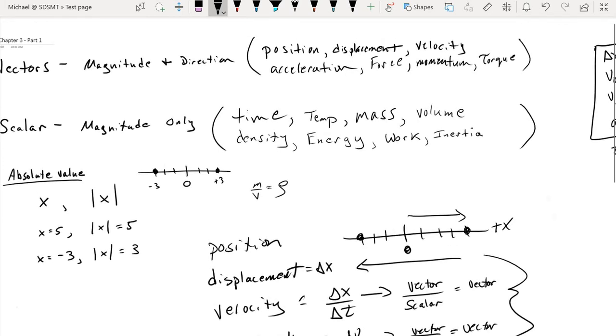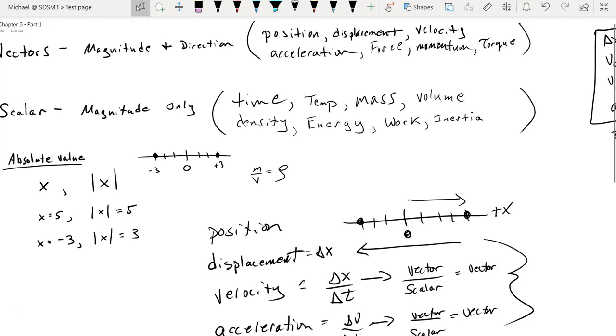And so these terms right here, with the exclusion of the temperature term, we're going to see all of these terms show up at some point during this semester. Temperature is not really something that plays a big part in the dynamics or the motion of the object, but when we get into Physics 2 or into thermodynamics courses, obviously then the temperature is going to play a big part.